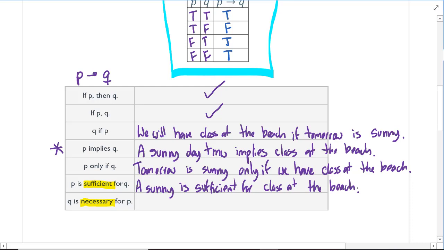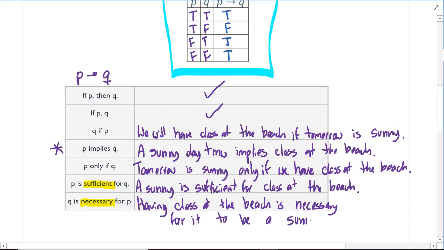Q is necessary for P. That's saying that the conclusion is necessary for the hypothesis. So this might sound funny, but it says having class at the beach is necessary for it to be a sunny day. And that's how we rewrite the same statement in different forms.